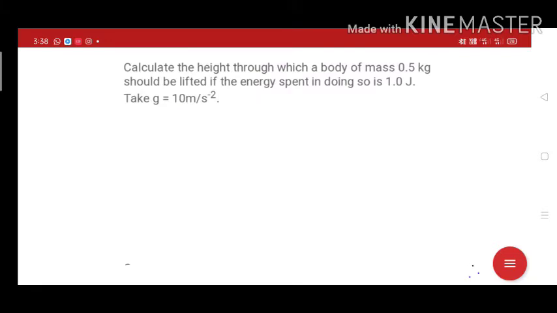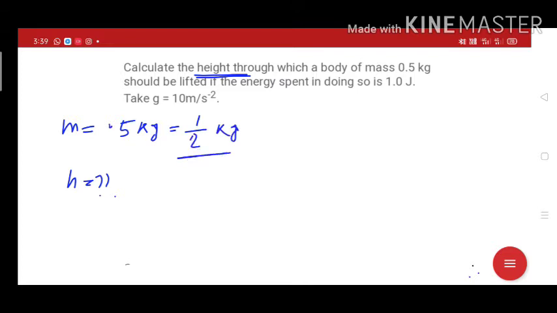So the question is asking for the height, so height is not given over here. Okay, fine. Mass is given, that is 0.5 kg, or you can write 1 by 2 kg, and there is g, that is 10 meter per second square.